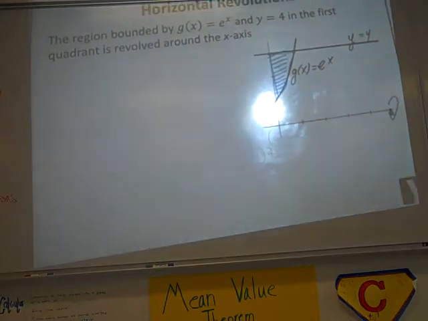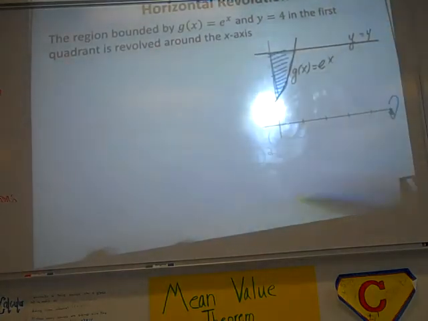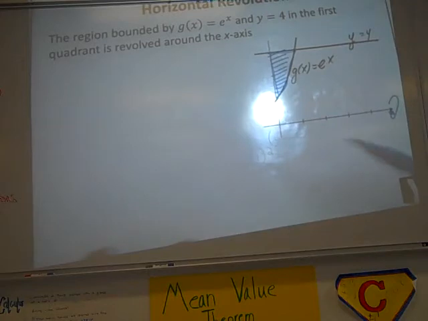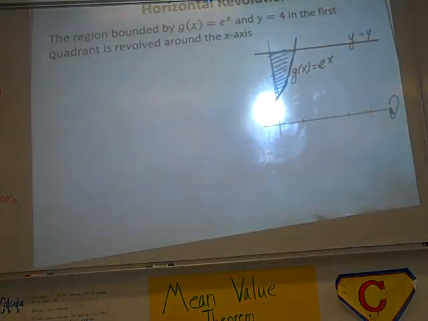Now what's different is that when this object spins around the x-axis, you might have a hard time visualizing that. You're not going to get a solid object. You're going to get something that's hollow. I'm going to attempt to draw it, but I'm not gifted in the drawing skills at all. So let's see what I can do here.